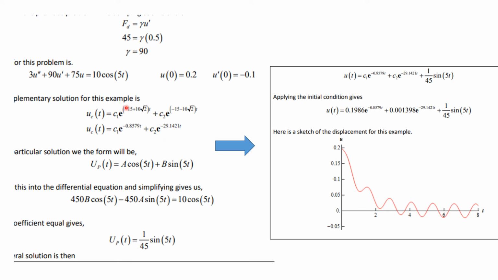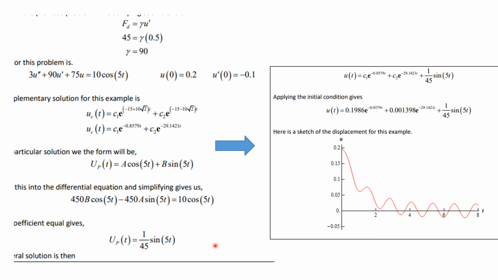Now, when we look at this, the annihilator is going to be D squared plus 25, and that's going to give rise to this kind of particular solution. We substitute that back into the original differential equation and set it equal to the right-hand side, and we work through that, and we'll get that the particular solution is 1 over 45 sine 5t.